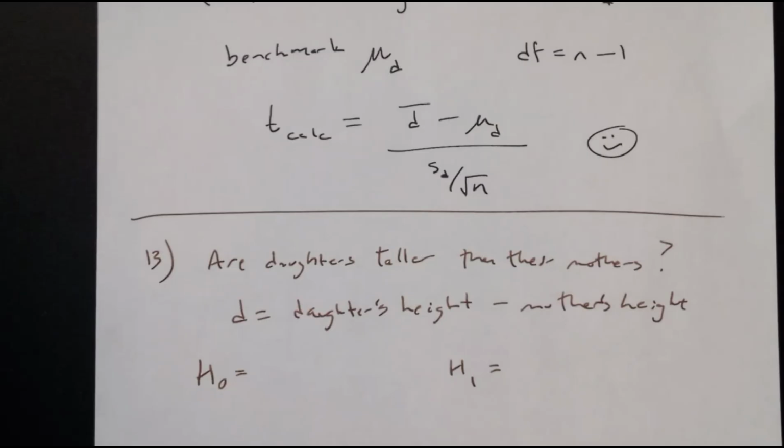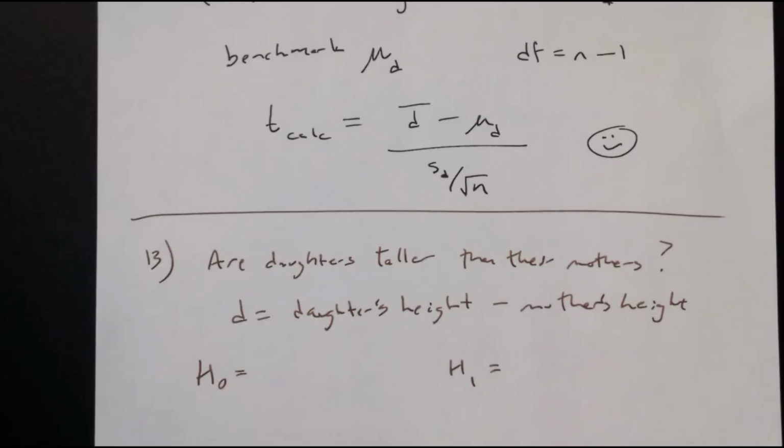Okay, but now how do I turn that into the difference idea? The difference between the two should be what kind of a number, if I'm right and daughters are taller? A positive number. So my claim is that the average of the differences should be positive.